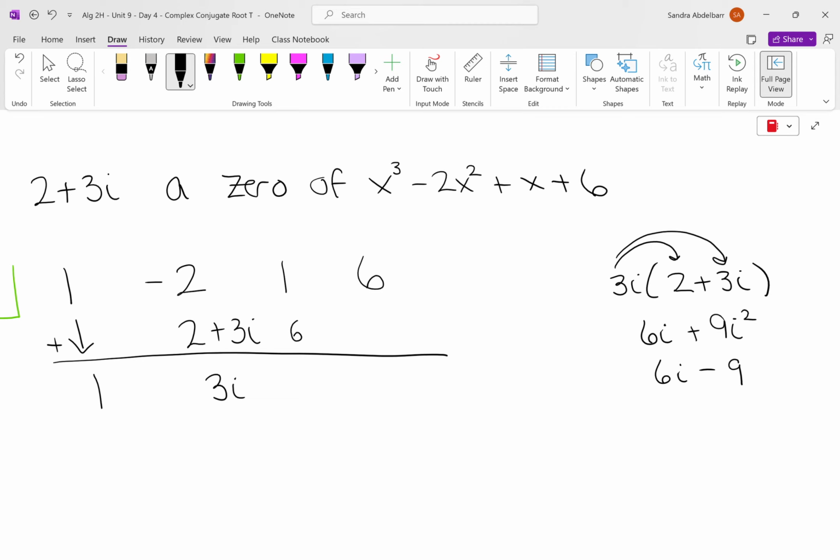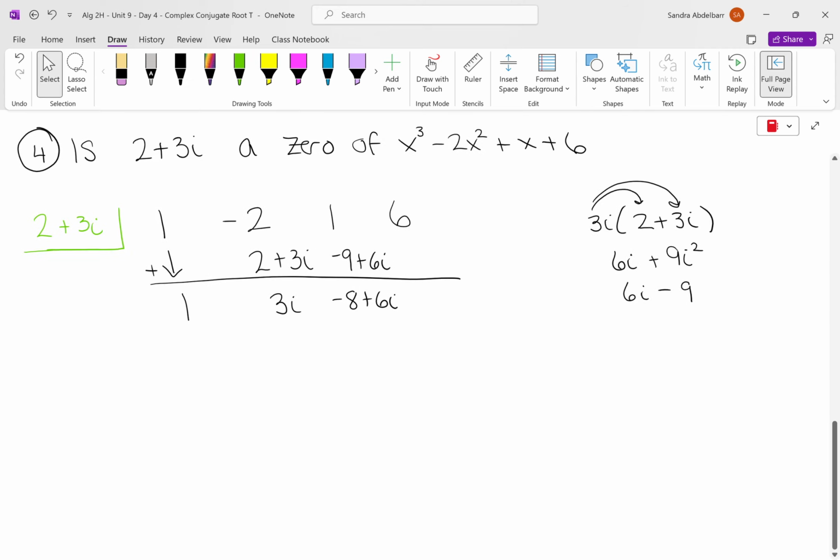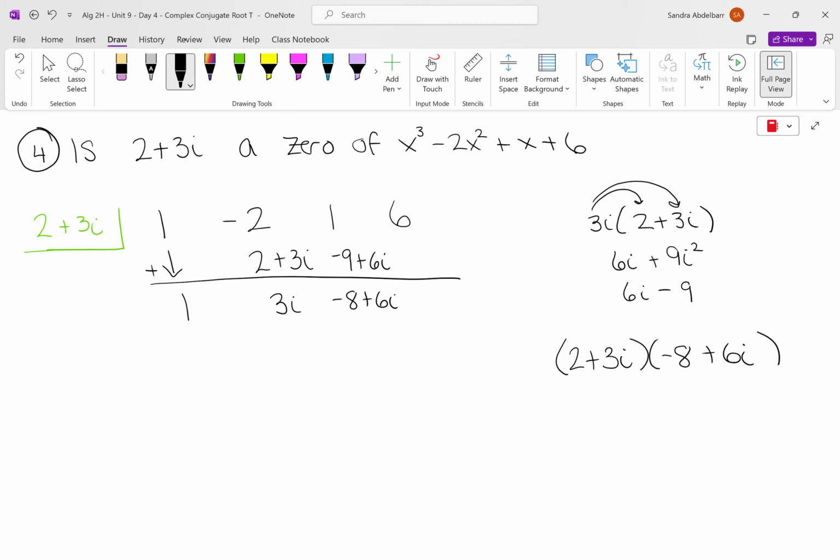So here we're going to write -9 plus 6i, which is going to be -8 plus 6i. All right, chances that we multiply this and our answer is -6 is slim, but we're still going to do it just to make sure. 2 plus 3i times -8 plus 6i.